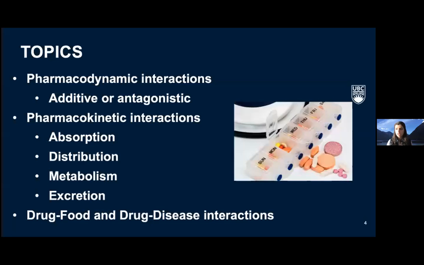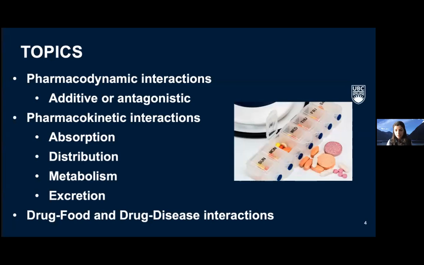So here's a broad outline for what we're going to be covering today. We have two big overarching classes of interactions. The first one is pharmacodynamic, and I'll talk about commonly combined medications that can either have an additive effect, meaning they're doing the same thing, or an antagonistic effect, meaning that they're potentially doing the opposite and canceling each other out.